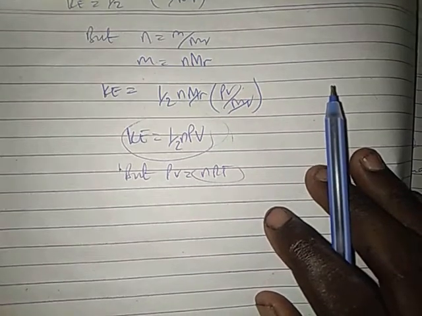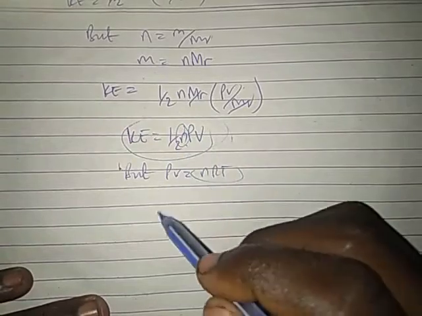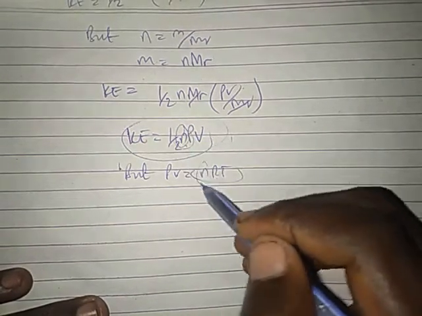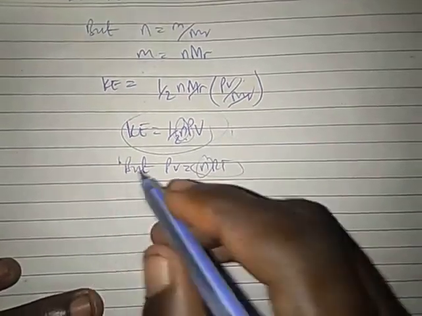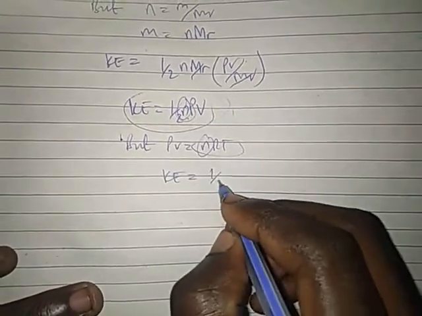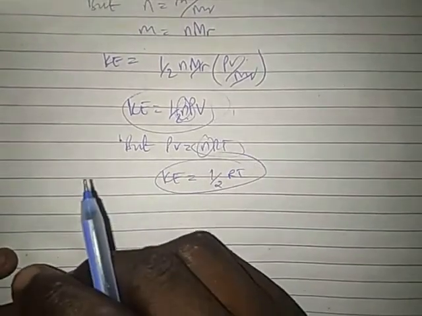Kwa hiyo kama tulikuwa tumeconsider 1 mole, lazima hii n hapo nje itakuwa 1, hii hapa itakuwa 1 na hata hapa itakuwa 1. So we'll end up with kinetic energy is equal to 3/2 RT for 1 mole of the gas.